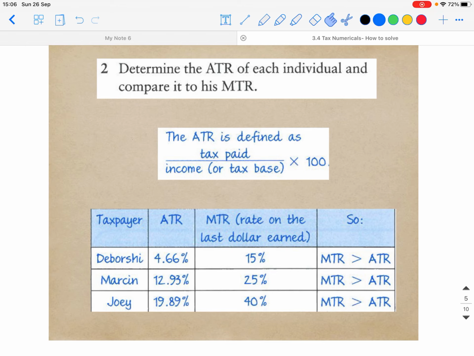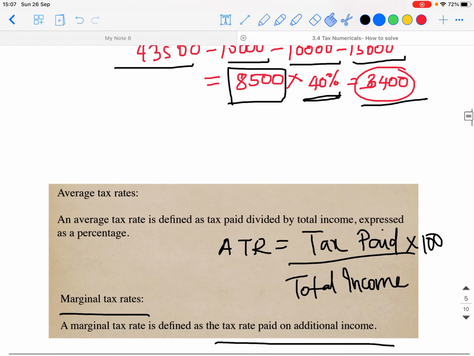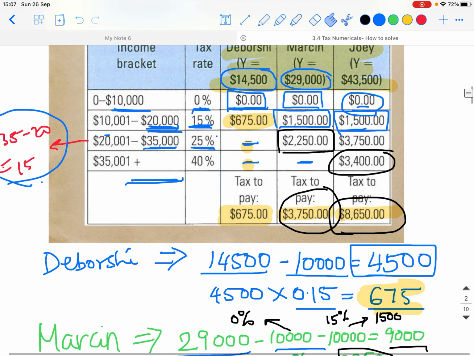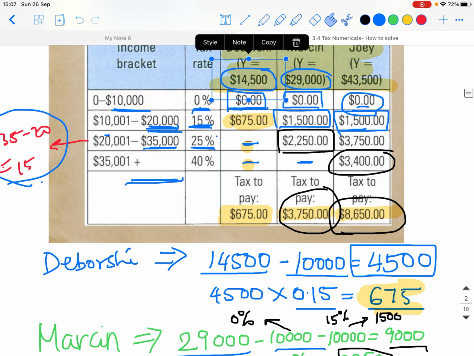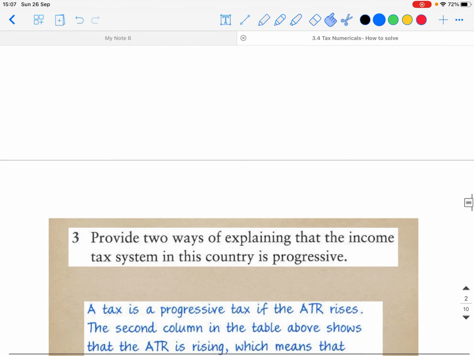So for instance, for the first one, we had calculated that he or she has to pay, I think it was, tax paid, yes, 675 as tax, and the total income of the first person is 14,500. So 675 divided by 14,500 times 100, that's what we will write here.